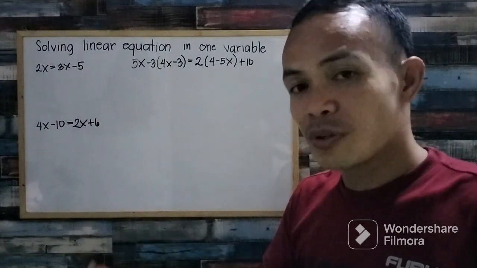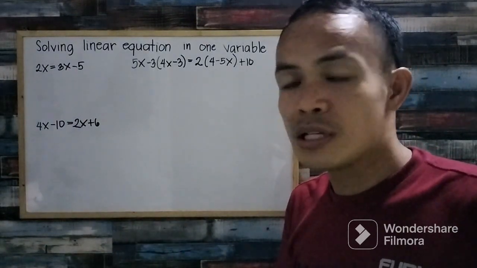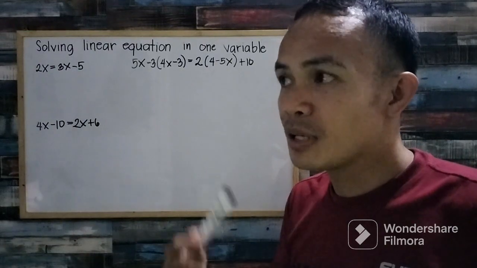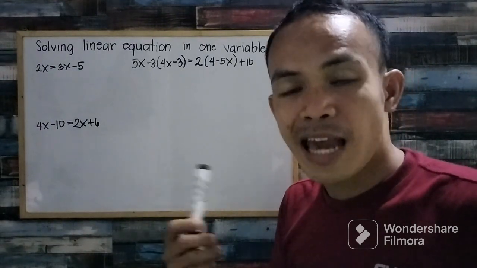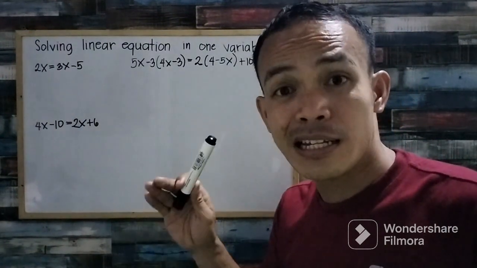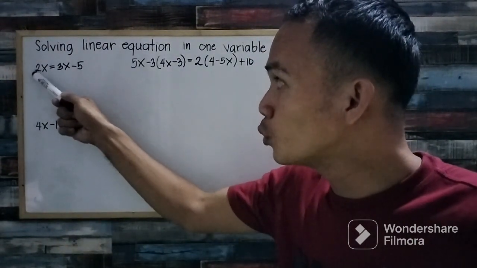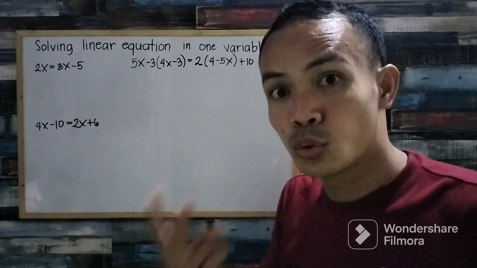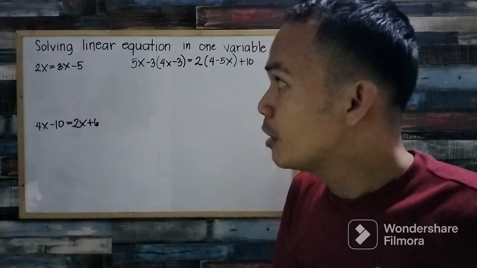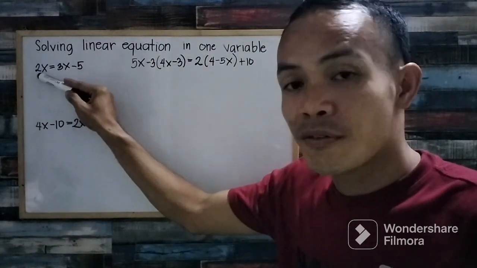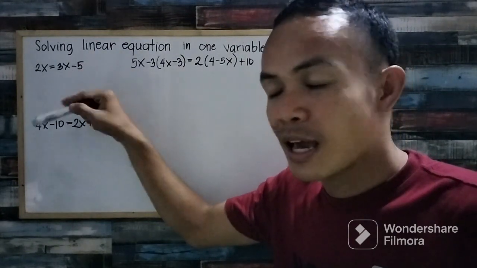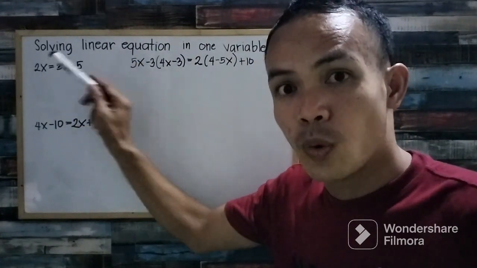So, but before that, let's define ano ba yung the same terms. Okay? Pag sinabi natin the same terms, they have the same variable and the same exponent. Okay? So, kung makikita natin dito, yung 2x and 3x are two the same terms. Why? Because they have the same variable and has an exponent of 1.